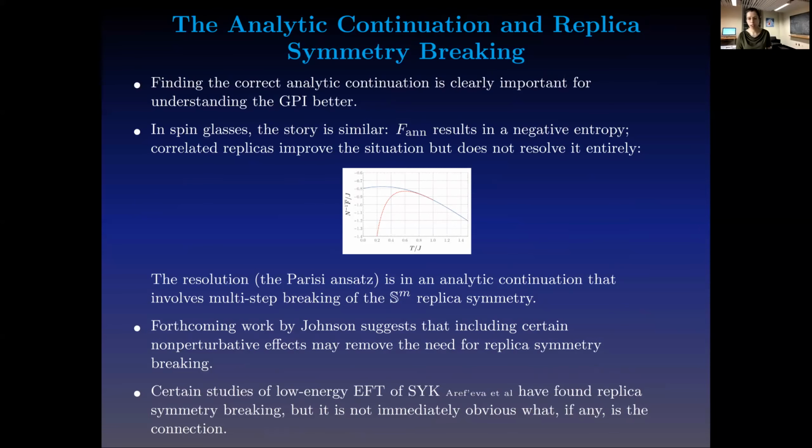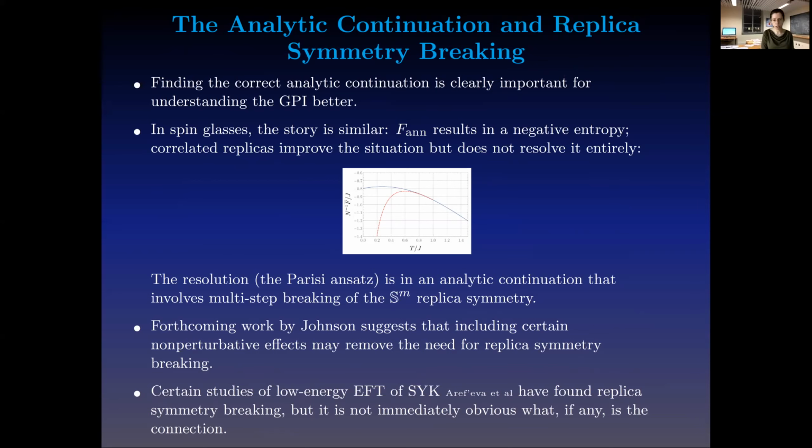If you compute the annealed free energy, basically this is its behavior as a function of the temperature. This looks very similar to our annealed free energy as a function of temperature. Now, if you include correlated replicas, the spin glass analog of replica wormholes, they improve the situation. That's this blue curve over here, but there's still a non-monotonicity, so they don't resolve it entirely.